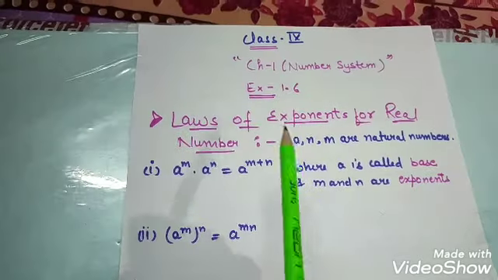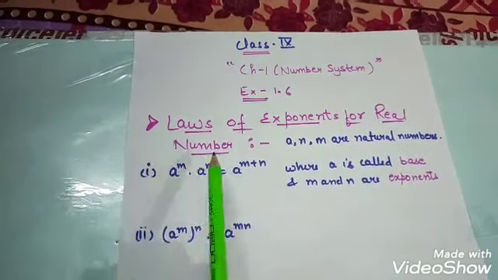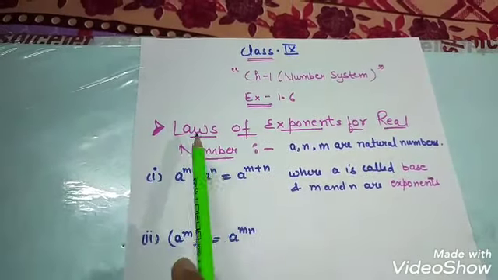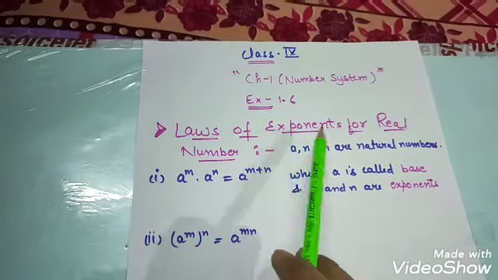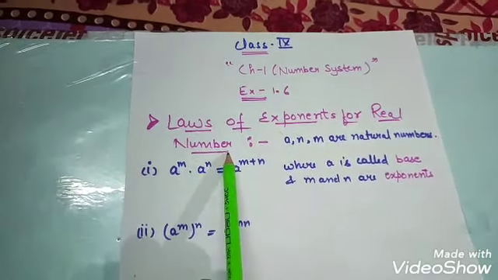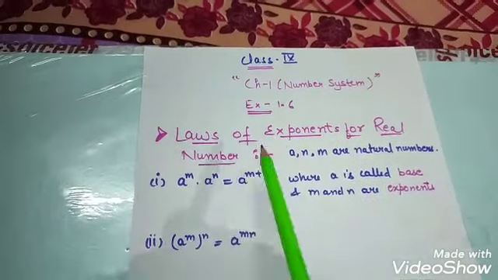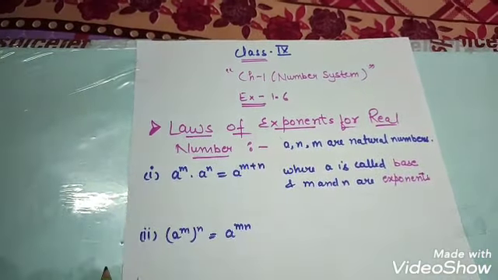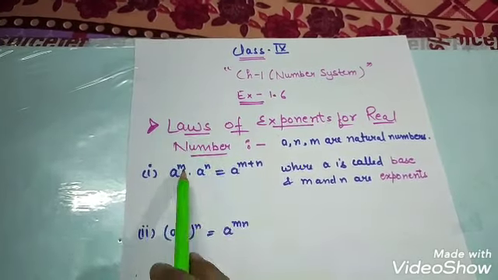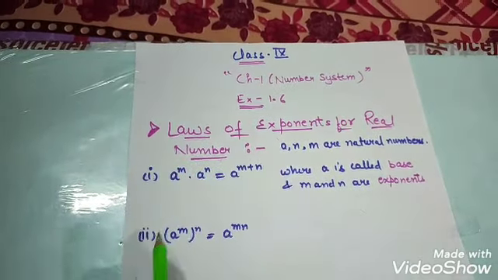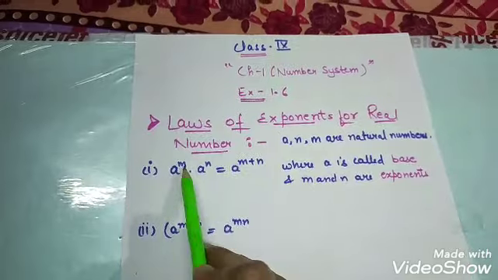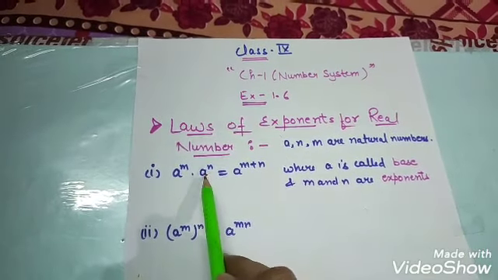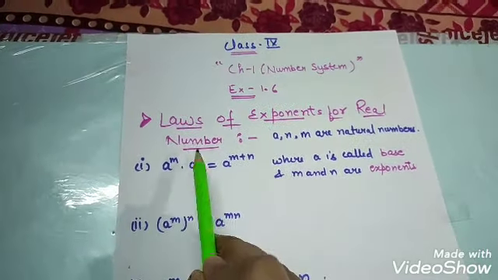Before coming to our exercise 1.6, we have to go through some laws called laws of exponents for real numbers. Look, we have taken three natural numbers, a, m and n. So first property, your first law of exponent, is a to the power m multiplied with a to the power n.